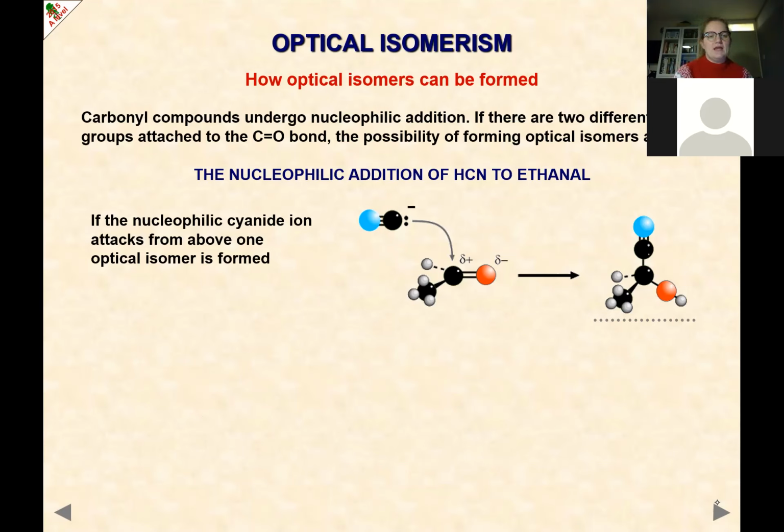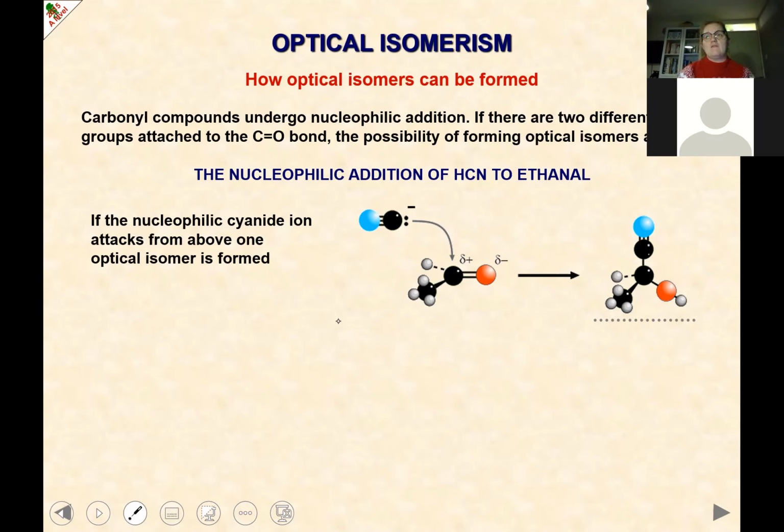So what's happening here is, if the nucleophilic cyanide ion, which is up here in the blue and red, attacks from above, one optical isomer is formed. So that's one optical isomer.